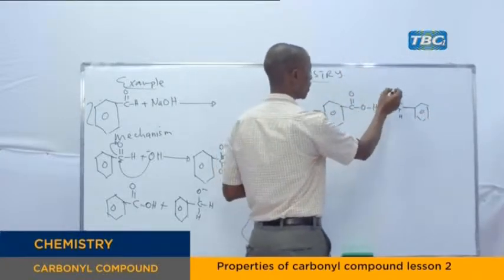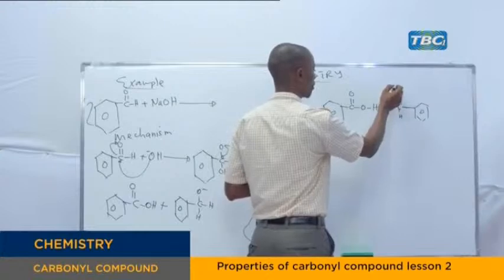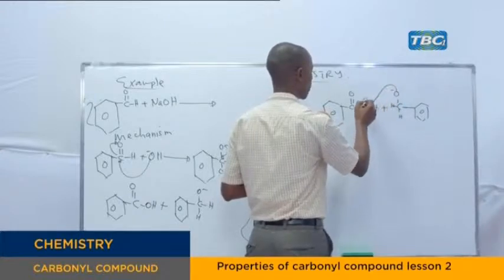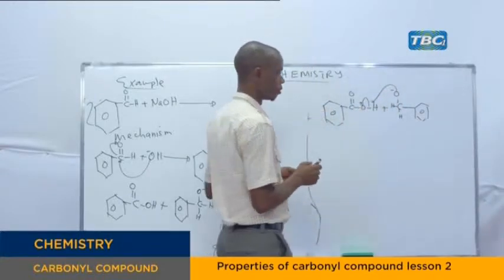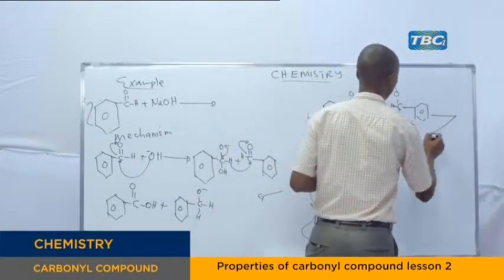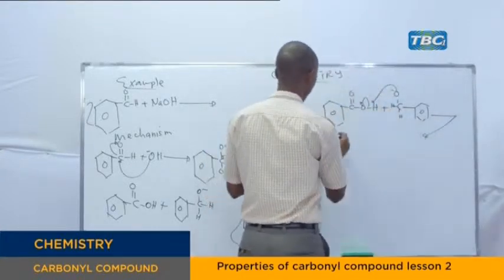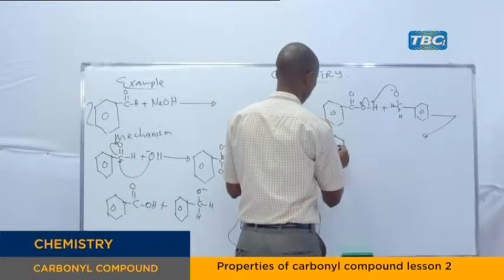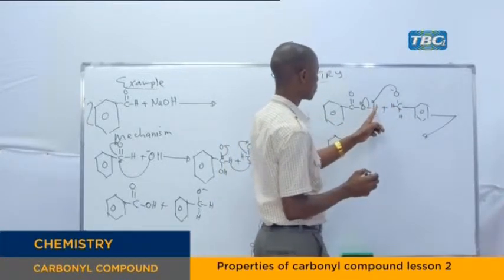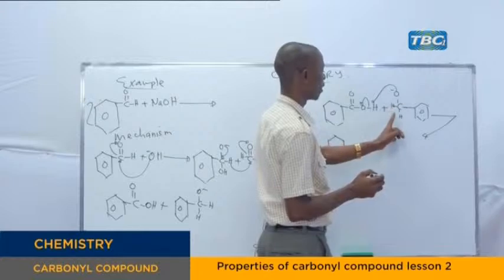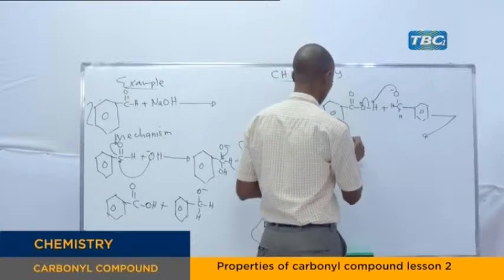Now this proton will be released, and this attacks this proton, making the electron move that way. So the final product here, we are going to have this one. When this proton is taken here, alcohol will be formed.